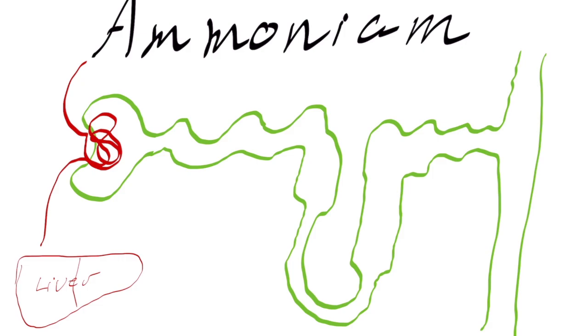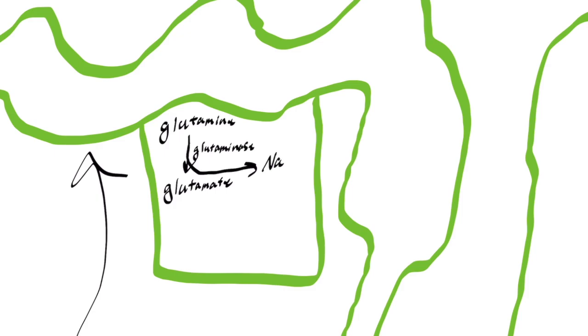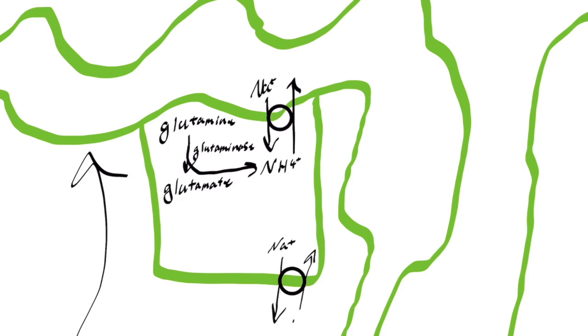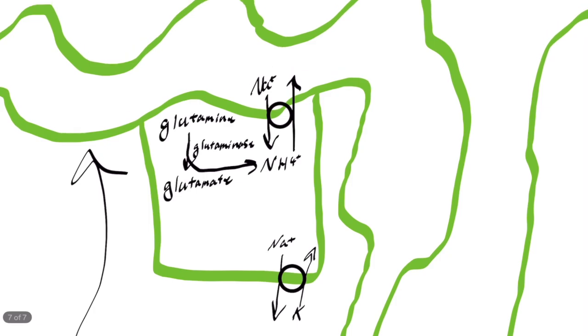Glutamine is synthesized in the liver through protein breakdown, carried in the blood to the proximal convoluted tubules, where glutamine is converted to glutamate by glutaminase, and this produces one ammonium that comes off this reaction. And in the proximal convoluted tubule, this can be exchanged into the tubular lumen for sodium.